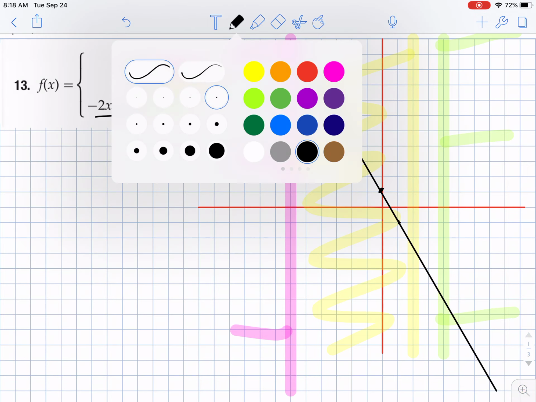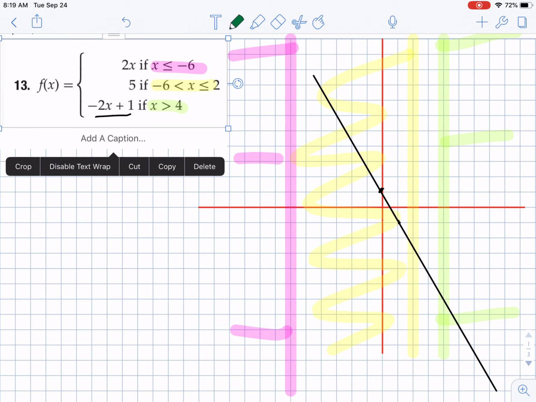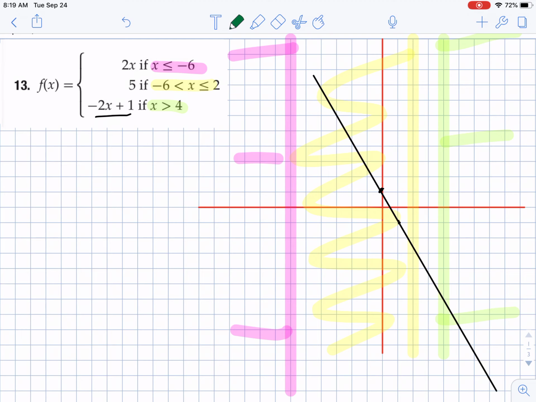And the way I'm going to do this is actually draw over that line. And since it's an open circle because it's greater than, I'm going to put an open circle right there on 4, and I'm just going to trace over that black line in green. And then I'm going to come back and delete the black line, because the green line is the only part of the line I need because it gets chopped off to the right of that boundary.